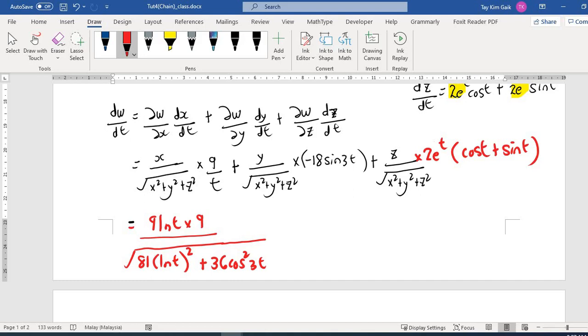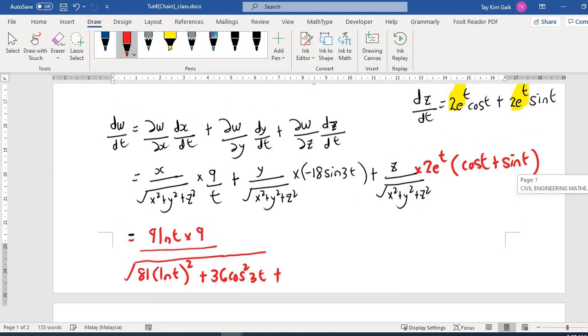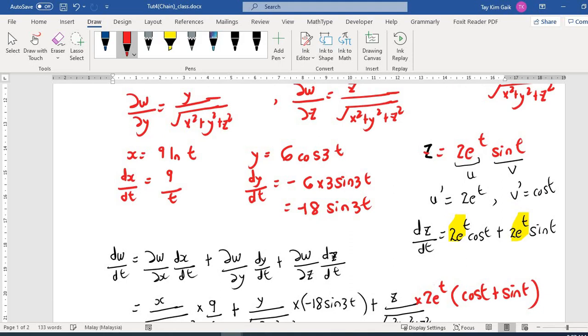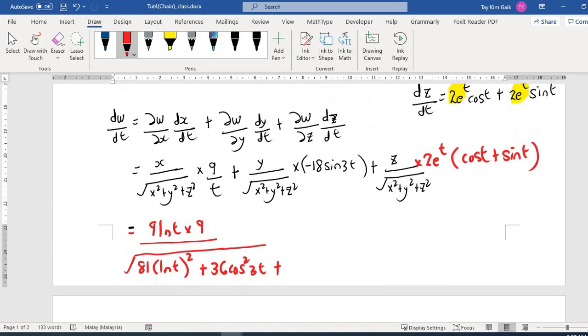And then z squared: z is 2 exponent t sin t, square it, so 4 exponent 2t sin squared t. So here you have the denominator with the same square root, so I can factor out.